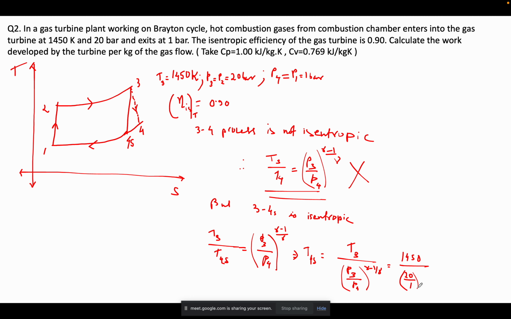Gamma is nothing but Cp by Cv, which is 1 divided by 0.769, that is 1.3, so the exponent is 0.3 by 1.3.